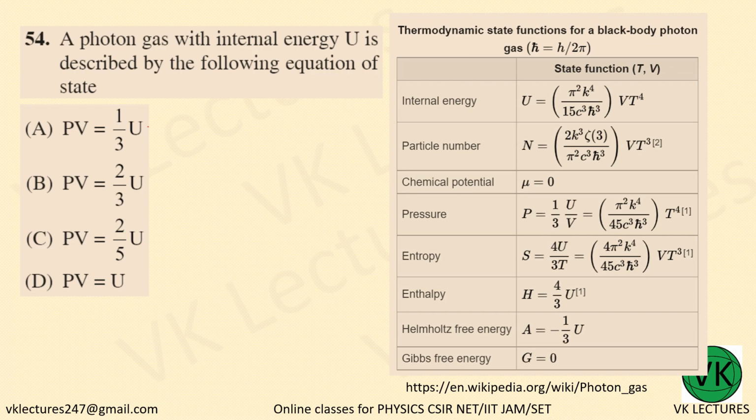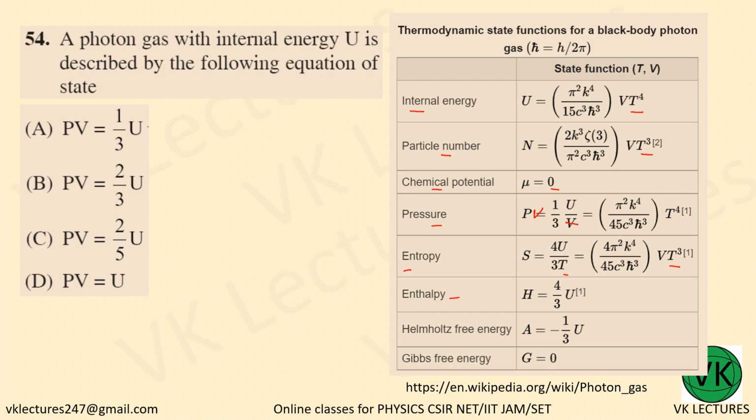Internal energy is proportional to T to the power 4, particle number is proportional to T cube, and chemical potential is 0. Pressure, or you can write PV, is equal to 1 by 3 U. Entropy is 4U by 3T, and it is proportional to T cube.